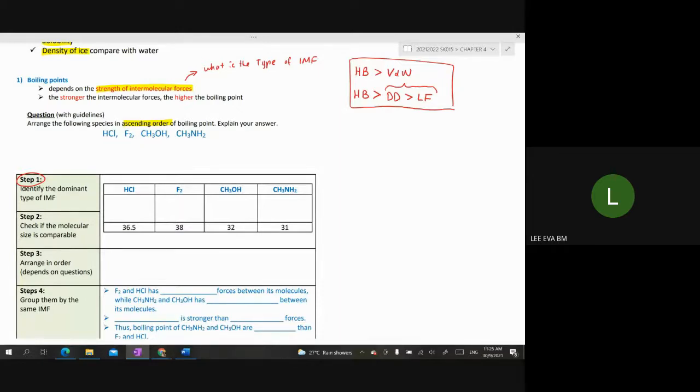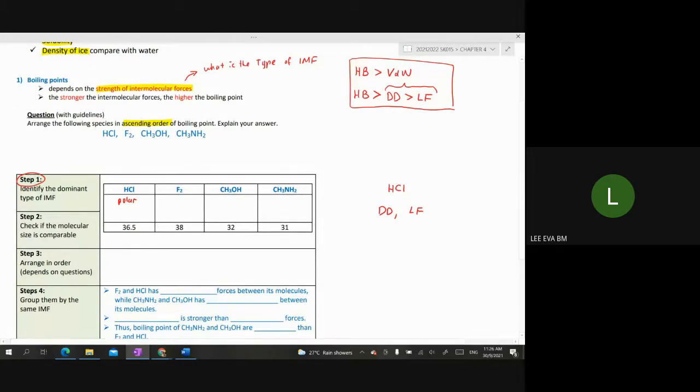For example, if we look at HCl, is HCl polar or non-polar? Polar, right? HCl is a polar molecule. So a polar molecule will have what type of forces? Dipole, and also the very basic one, London forces. Remember, London forces exist for every species.